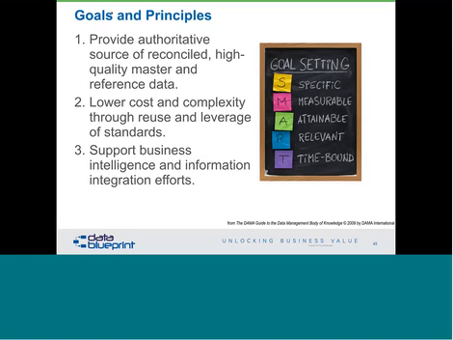MDM is one of the things that can help you start to move towards that. If you have data scientists who are trying to do things for your organization, or any type of analytics effort, and you have not implemented master data management, guess what? That's one of the first things your data scientist is going to sit down and do. You didn't hire them to do that. You hired them to be a data scientist.